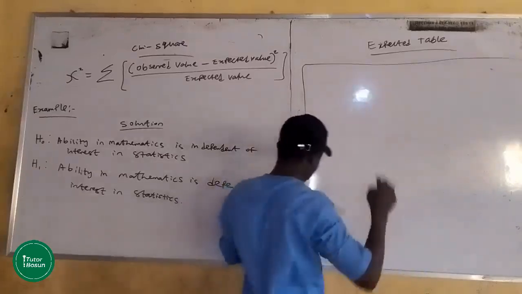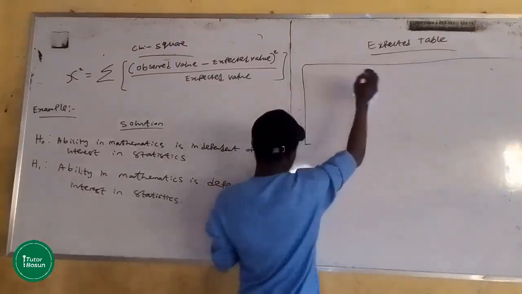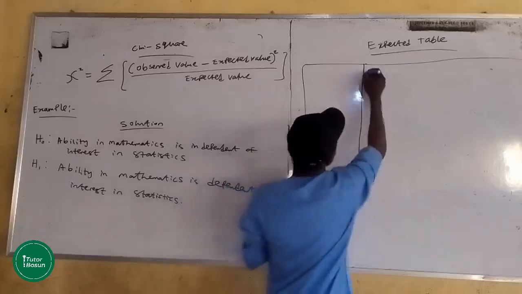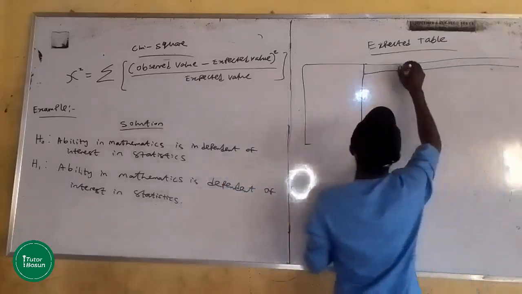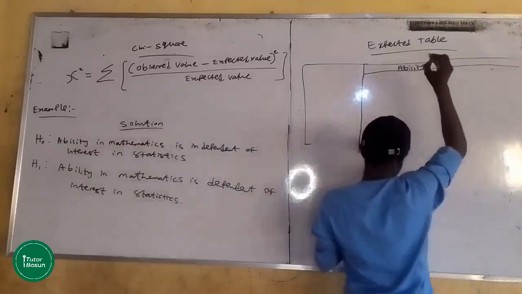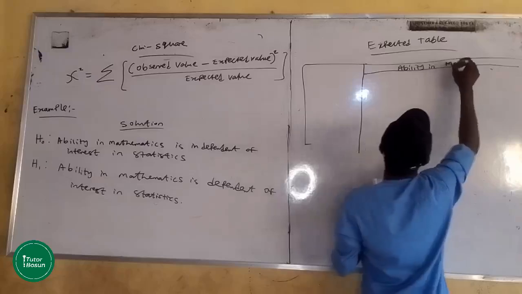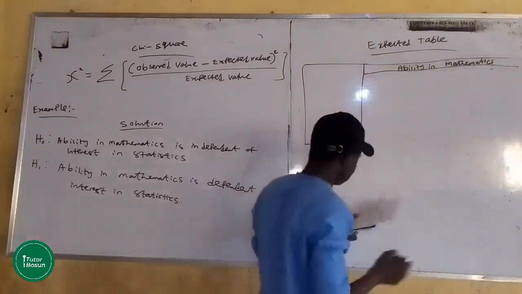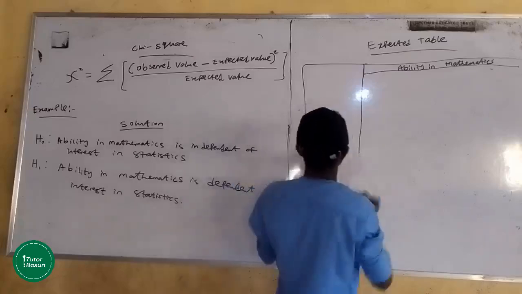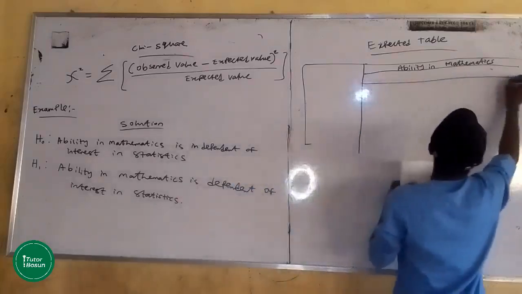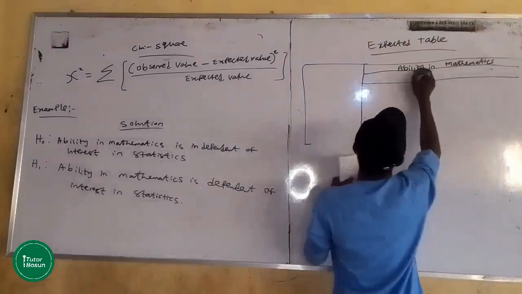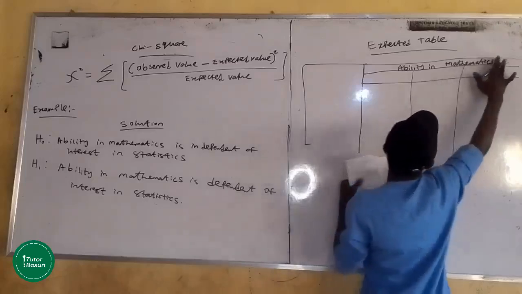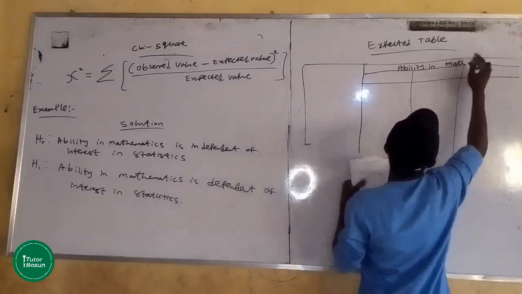Here we have ability in mathematics, which is divided into 3. Let me shift it here a little.